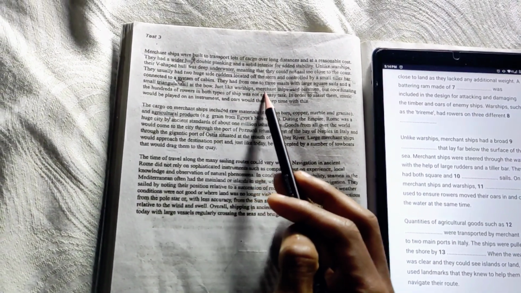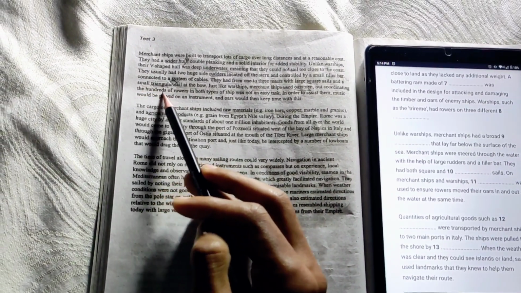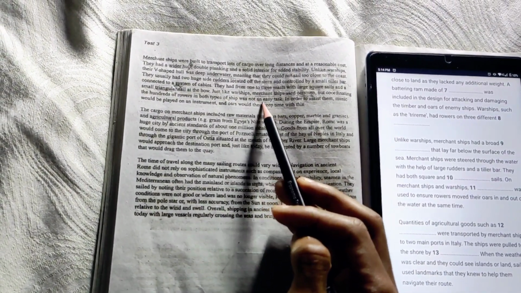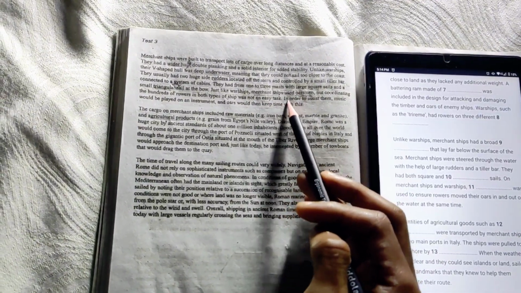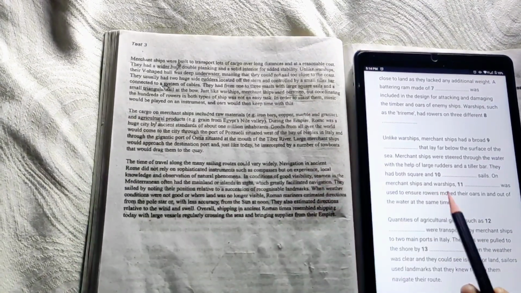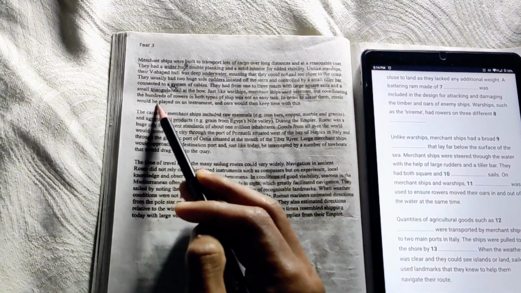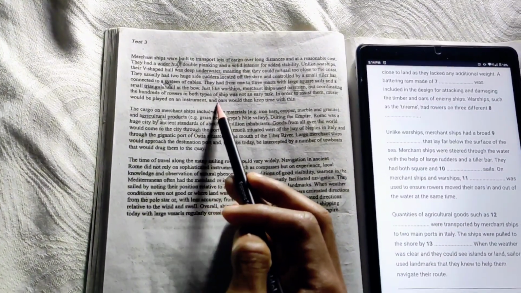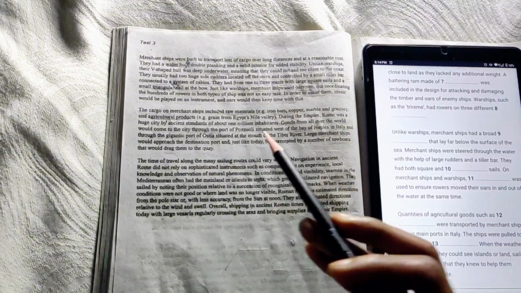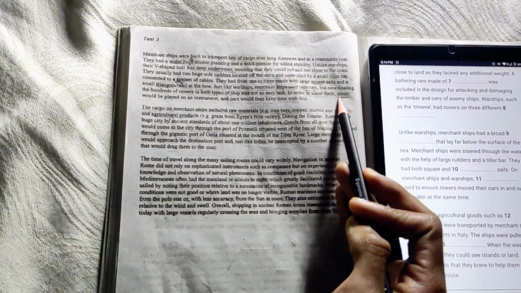Just like warships, merchant ships used oarsmen, but coordinating hundreds of rowers in both types of ships was not an easy task. In order to assist them, music would be played on an instrument, and the oars would then keep time with it. So the answer will be music.